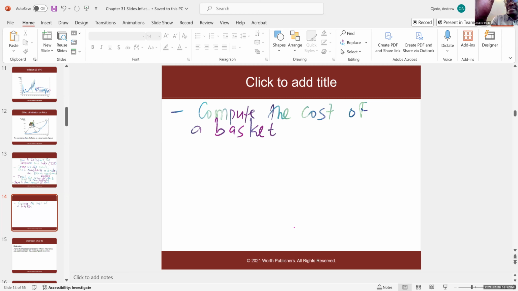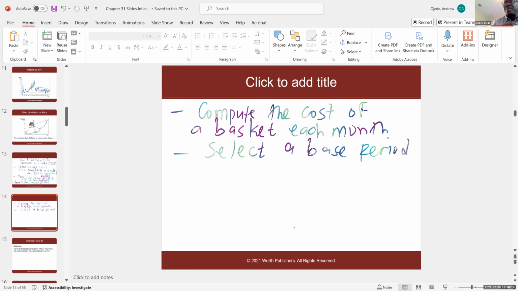Compute the cost of a basket each month. And then they will select a base period. A base period is a period where the Bureau may think prices have remained relatively stable. Sometimes the choice of a base period is arbitrary, but most likely they look at a period where prices of goods and services have remained relatively stable.